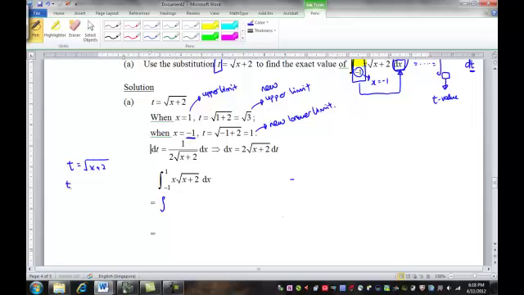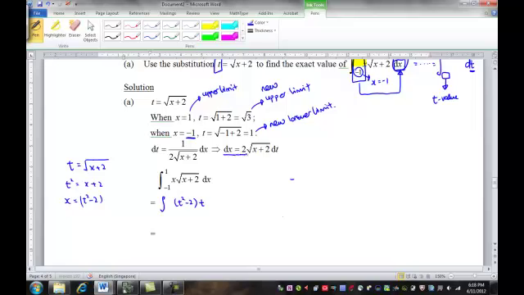If you square both sides, you're going to get t squared equals to x plus 2, which means x is actually t squared minus 2. Make sense? So this variable x will be replaced to become t squared minus 2. Next, square root x plus 2 is just t, replace it by t. And last but not least, dx.